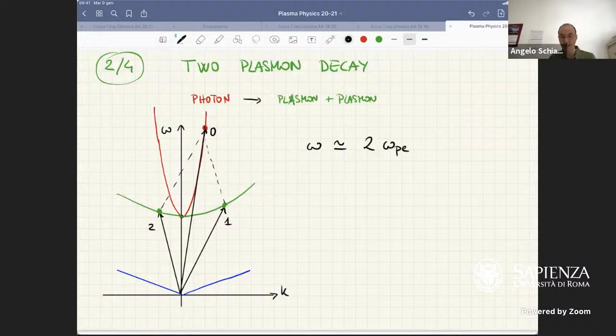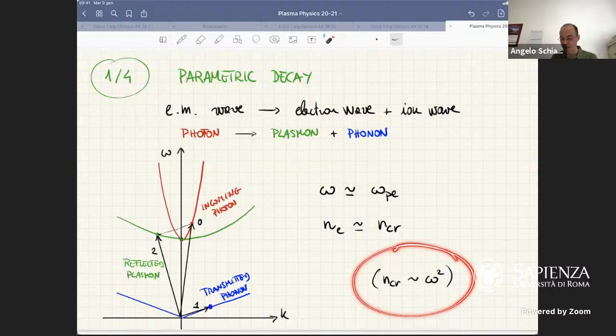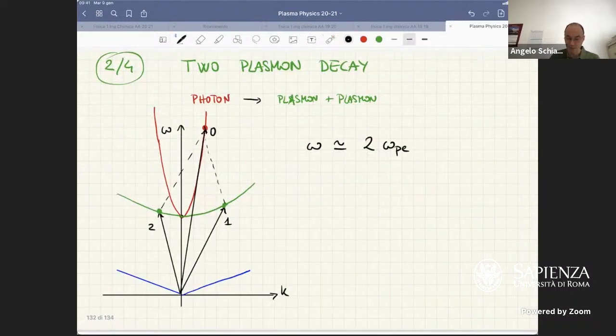Since we stated that the critical density is scaling as omega squared, this means that this process can occur in a region of the plasma where the electron density is about a fourth of the critical density. So a quarter of critical density.